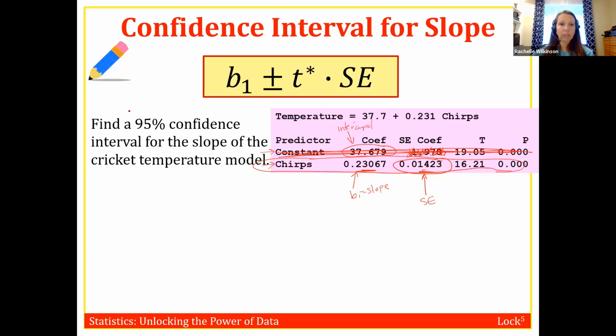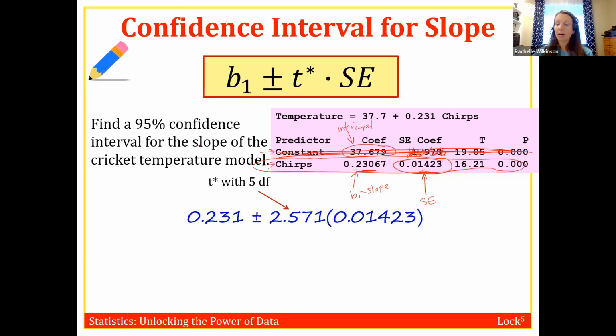All right, so looking at this, we need to come up with a 95% confidence interval for the slope. So first of all, we need to figure out our T star to plug in here. And the T star is based on degrees of freedom that are equal to n minus 2. And if we look back at our CHIRP data, there weren't very many data points. There's only 7.